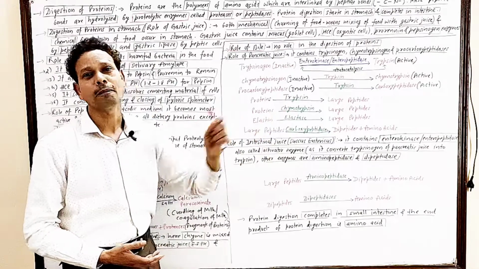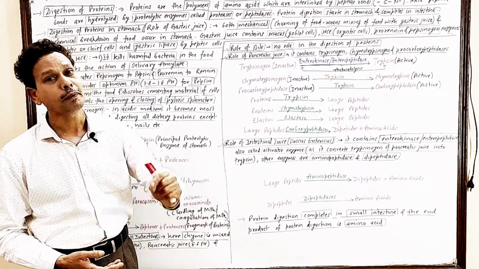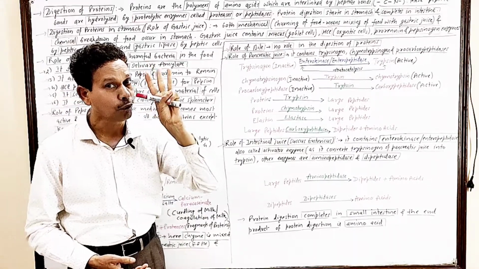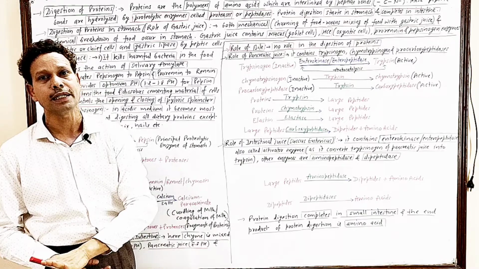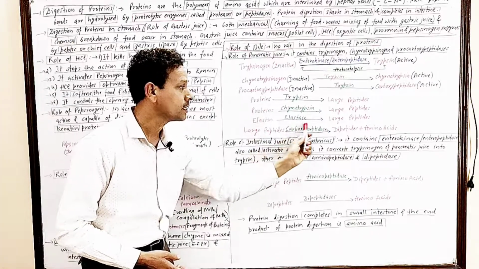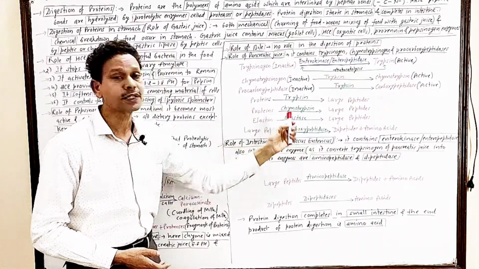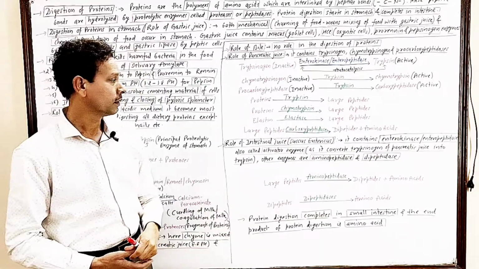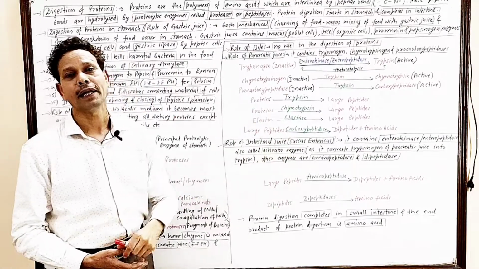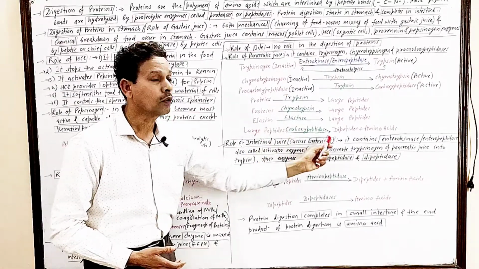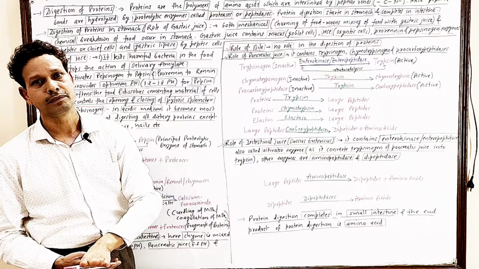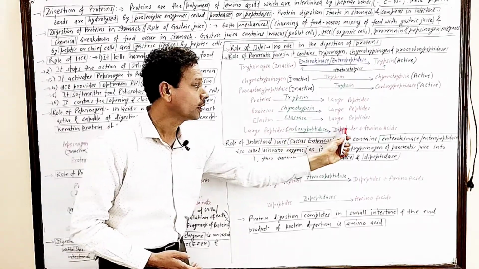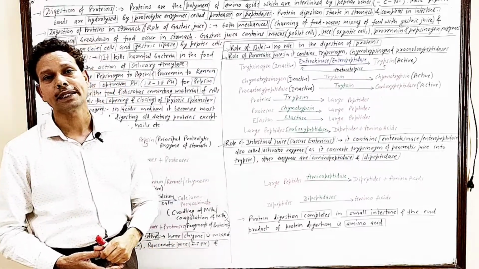Another very important protein digestive enzyme is also present in pancreatic juice: three proenzymes and one enzyme, elastase. Elastase converts elastin proteins into large peptides. On these large peptides, carboxypeptidase acts and converts them into dipeptides and amino acids.